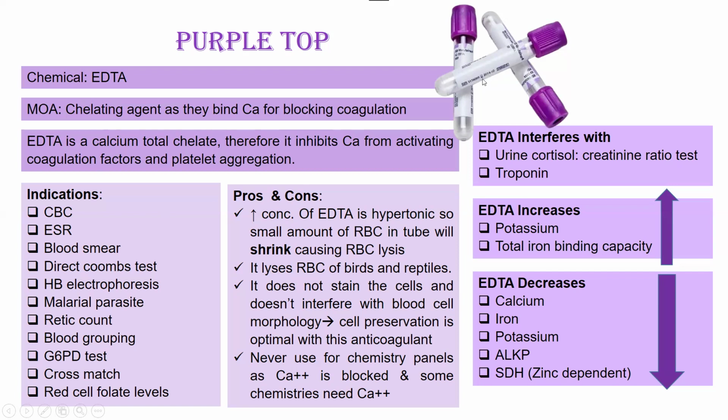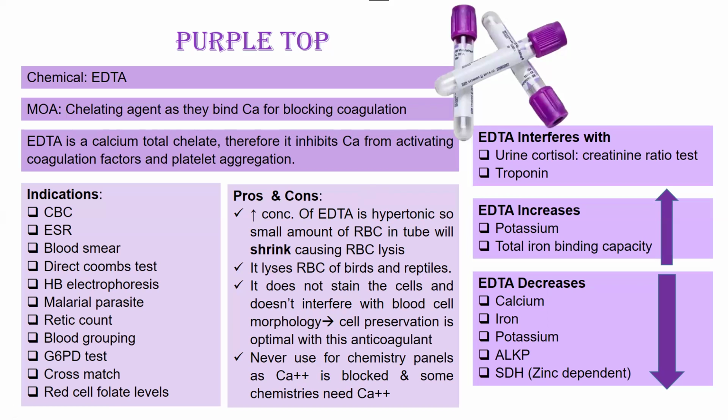The EDTA concentration in that tube is meant for 5 ml blood, but you have placed 1 ml. So EDTA will act as a hypertonic solution for the RBCs, which will cause RBCs to shrink, and it will cause RBC lysis. So you always have to be prepared or skilled enough to extract 5 ml blood from your animal, so that this problem doesn't happen.